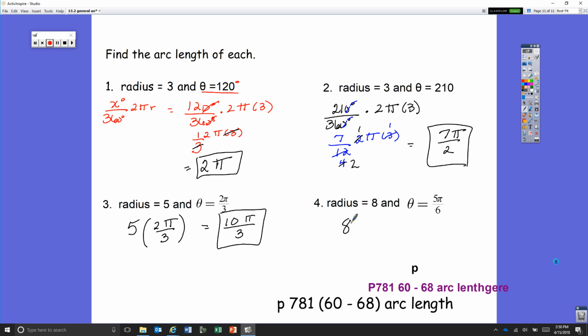My radius is 8. My radians are 5 pi over 6. 8 and 6 reduce by 2. Nothing else reduces, so 4 times 5 pi is 20 pi over 3.